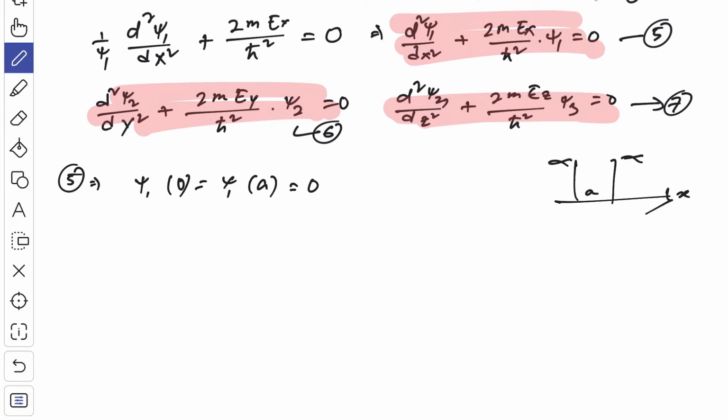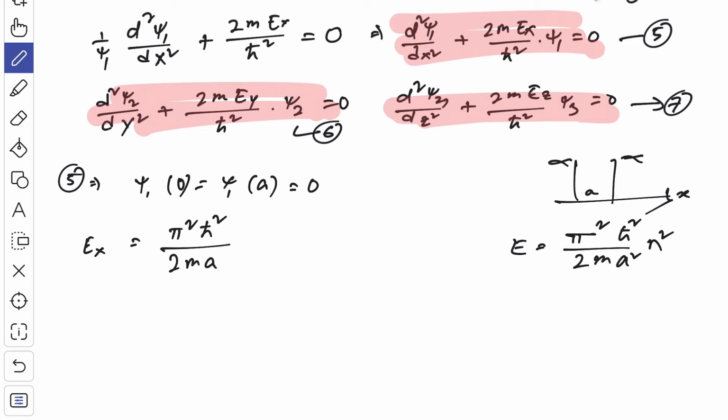So if we apply the boundary conditions in 1D box, we have already got that energy E is equal to pi square h cut square by twice m a square into n square. So here along the x-axis, as we are considering 3D condition, we will get the x component, Ex is equal to pi square h cut square by twice m a square into nx square. That's what we will get.